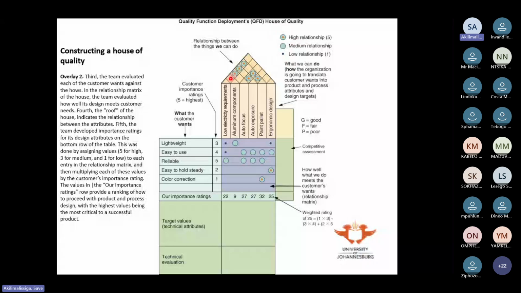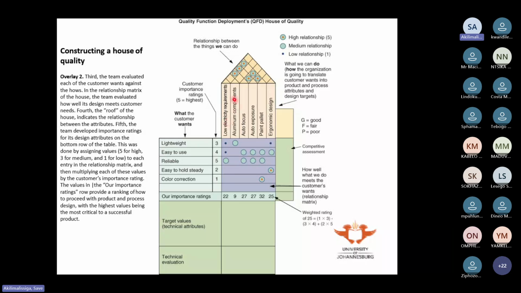So what is happening here? We have low electricity requirement, and we also need to know how to extend a specific column. We have low electricity requirement in this column. In order to go up to the roof, you only have one option: this column goes up and then goes this way. That is the only option. When it comes to aluminum components, there are two ways of extending this column.